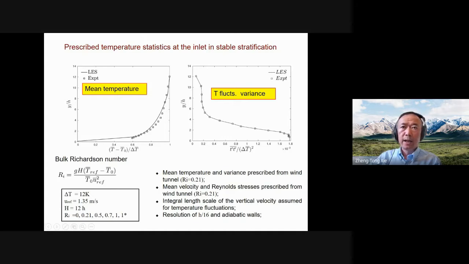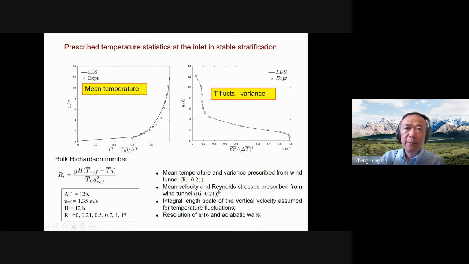Okay, so I have to make this clear due to the data from the wind tunnel. We only have data at Richardson number 0.21. So for all the simulations, for example, at 0.5, 0.7, and 1, we use the same temperature variance.